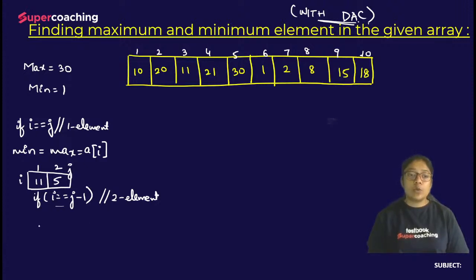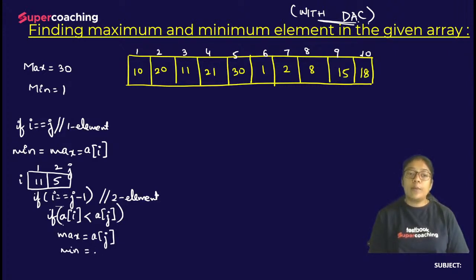There are only two elements, so we'll be comparing: if a of i is less than a of j. If this is the scenario, then simply we can say that max will be equal to a of j and min will be equal to a of i. One comparison is required.